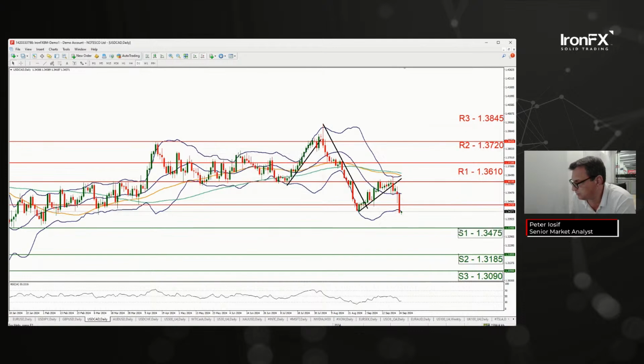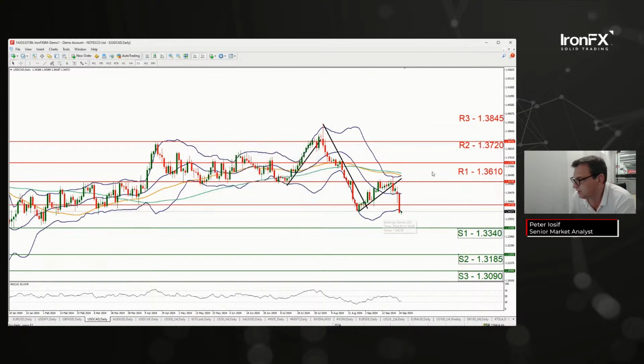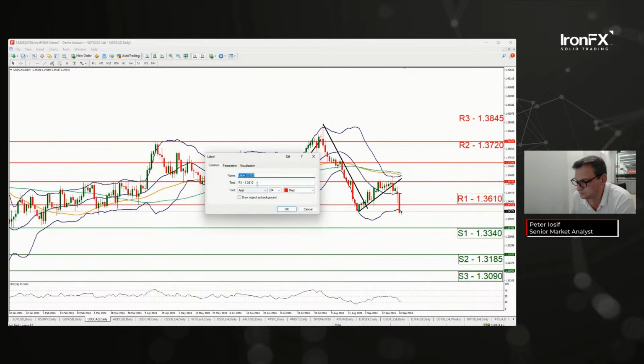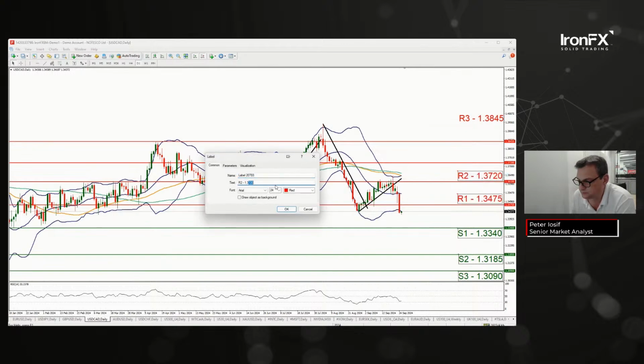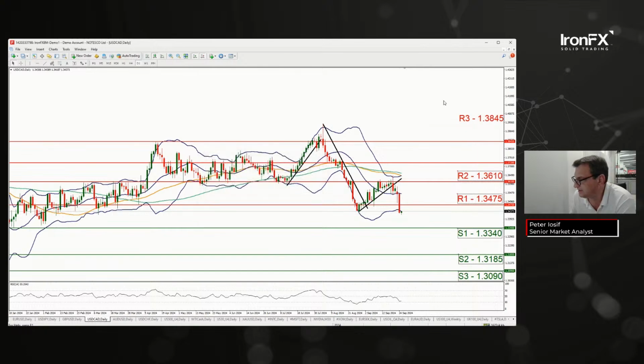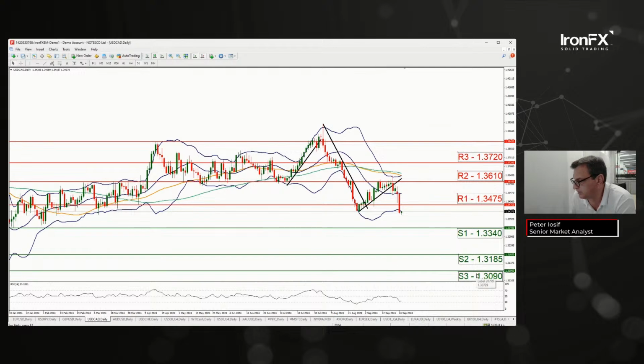The S1 at 1.3340. The R1 at 1.3475. The R2 at 1.3610. And the R3 at 1.3720. Locking everything in.